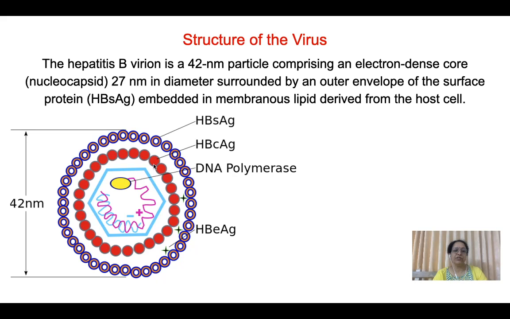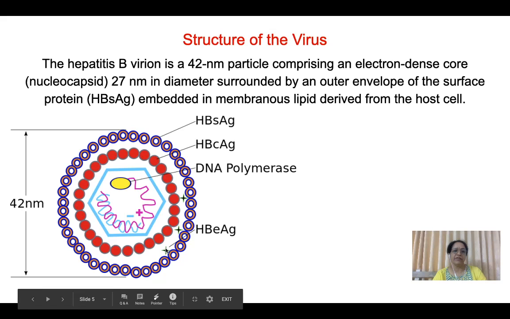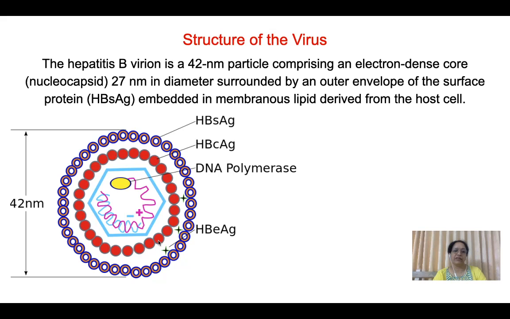Then the most important second antigen is HBc antigen. This is also called the core antigen, the location of which is here. After this we'll see HBe antigen, which is located exactly in between HBs, that is surface antigen, and core antigen.